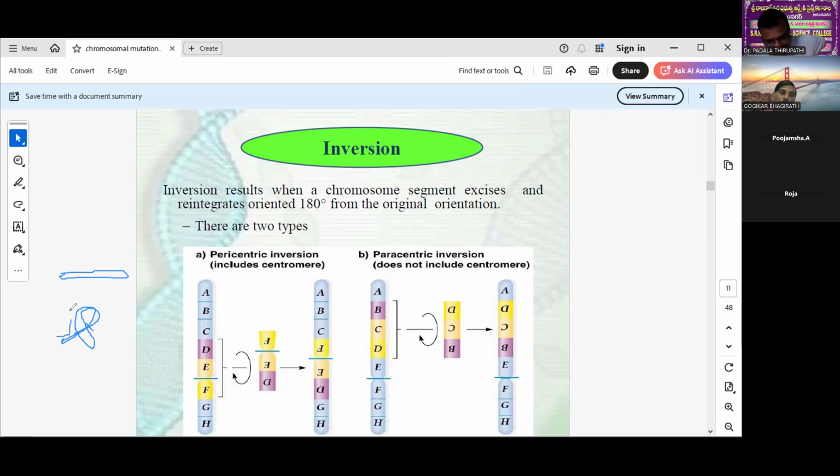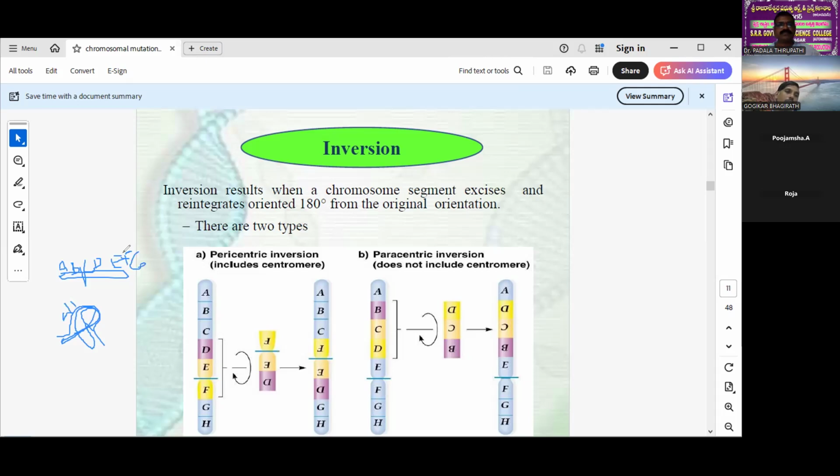So that's why the gene order becomes like this. Here A, B, C, D is there. And here is the cut. So E, F, G, H. So after AB, we are getting here G, H like that.